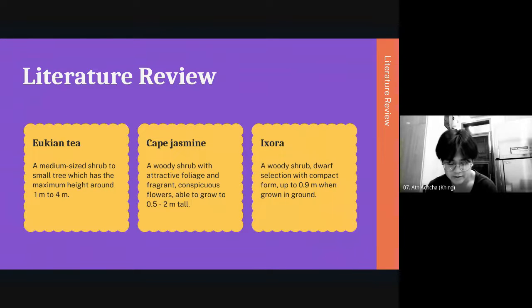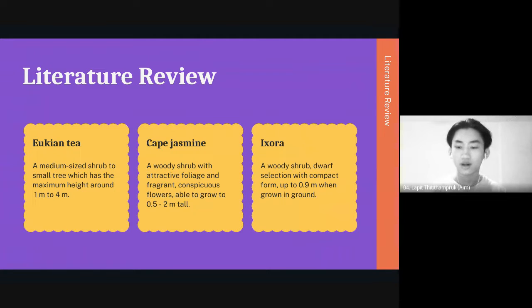So next is about the literature review. In this slide, we're going to talk about the shrubs. The first shrub that we use is the Eucalyptus, a medium to small size shrub with a maximum height around 1 meter to 4 meters.